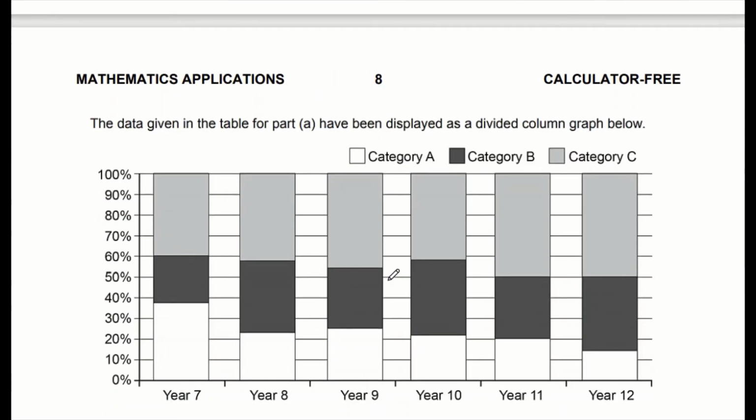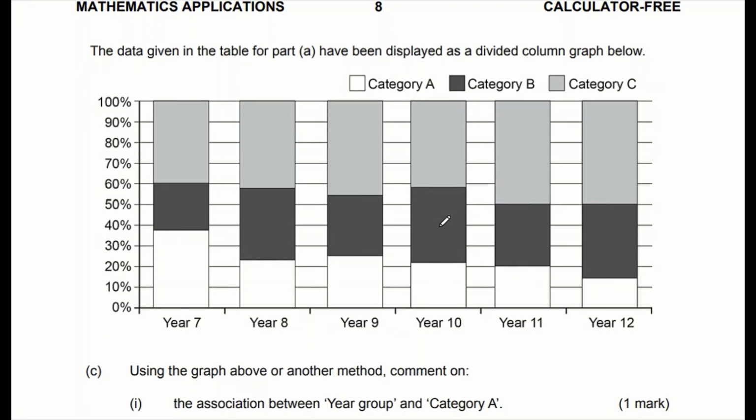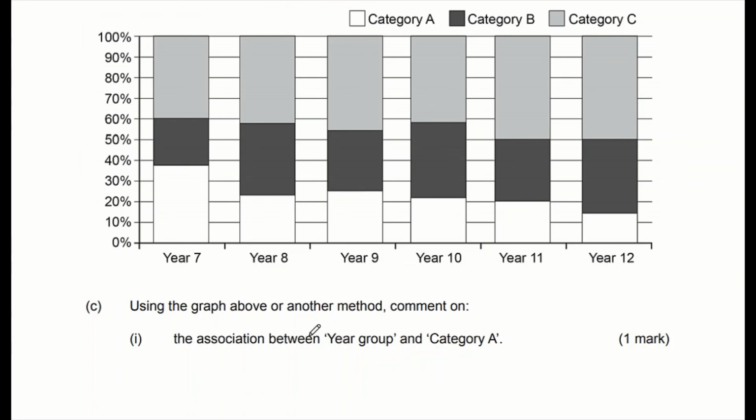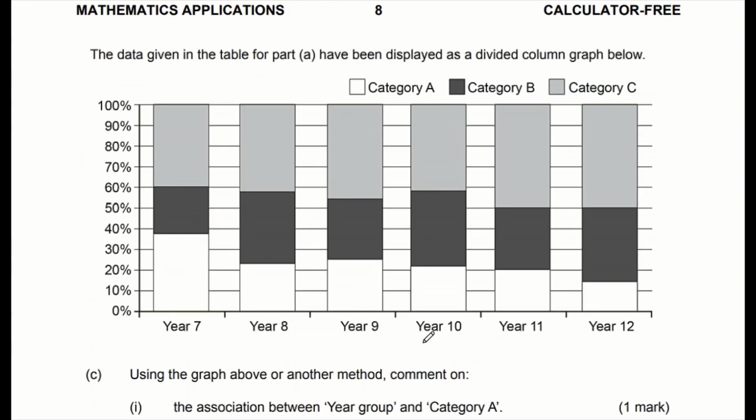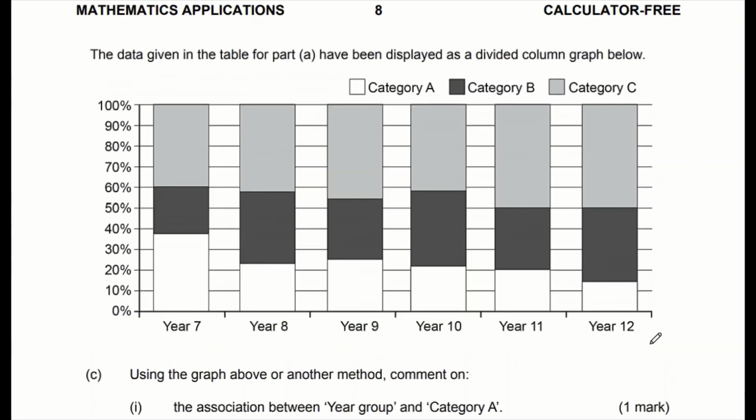Okay, so C, the question already gives you the stacked column graph, the proportional column graph here. Use the graph above or the other method, comment on the association between year group and category A. When you look at these questions, you'll realize that for bivariate data, sometimes the question wouldn't give you an open-ended question that gives you 4 marks straight away like in our textbook, especially if the question wants you to identify whether there's an association or not, then explain, then describe the association.